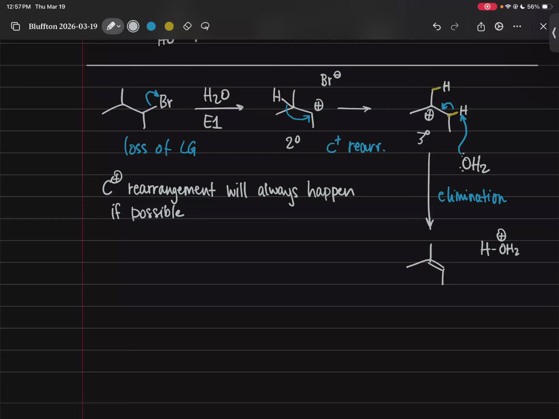As soon as you form a carbocation, not just in this chapter, but in any chapter or any part of organic chemistry, you need to immediately say, okay, can this rearrange? Can it increase its stability? Carbocations will not rearrange if the stability will stay the same.